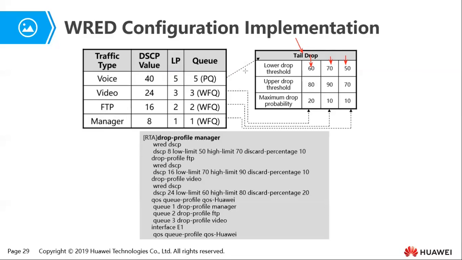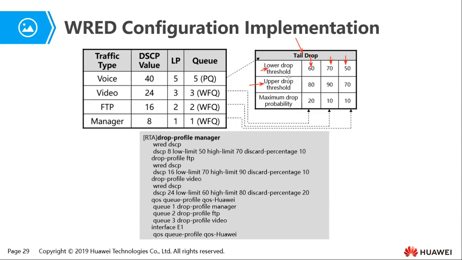So for the video, the lower drop threshold should be 60. So it's at 60 that we want to start randomly dropping video packets. Then the upper drop threshold is 80.